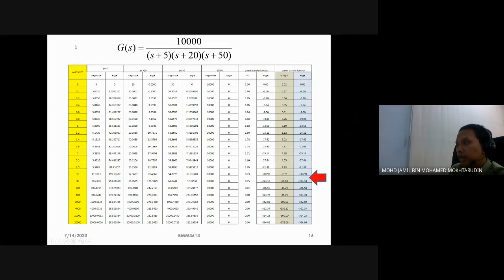S plus 5 is j omega plus 5. When omega equals 0, this becomes 5. From here you determine the magnitude of this number. If you plot in the s-plane, 5 will be here, so the magnitude is 5.